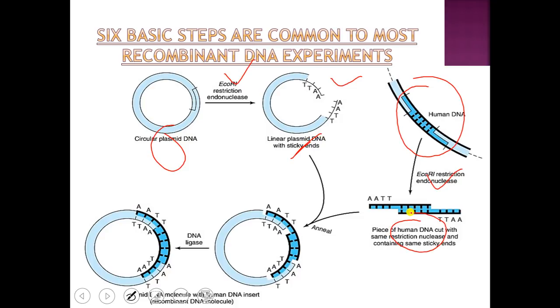After that, there is the process of annealing. Our gene of interest gets attached to this plasmid with the help of DNA ligase enzyme, and what we get is chimeric DNA, or recombinant DNA.